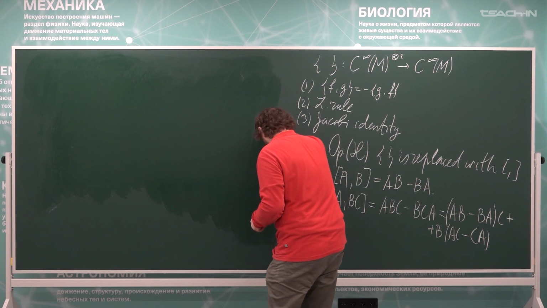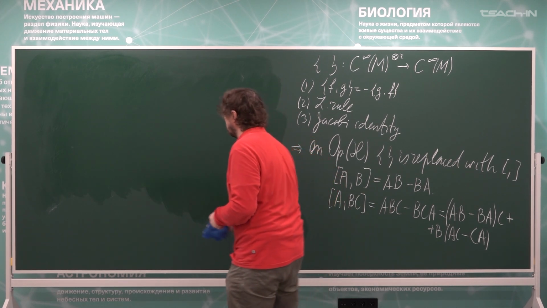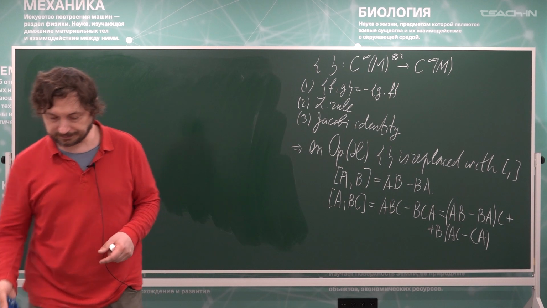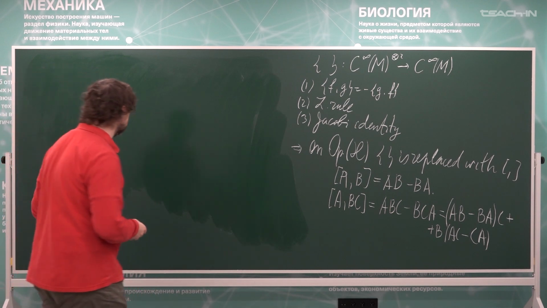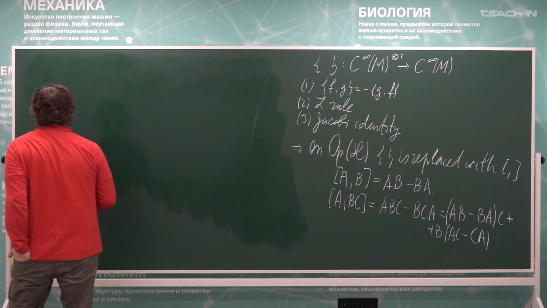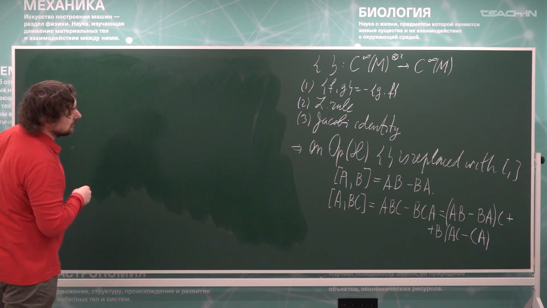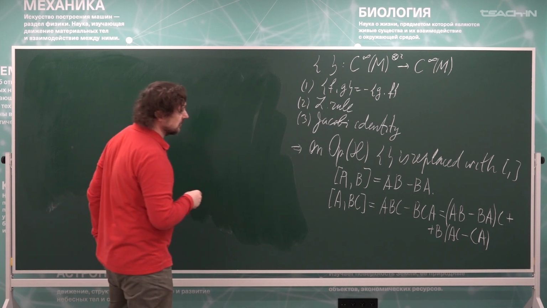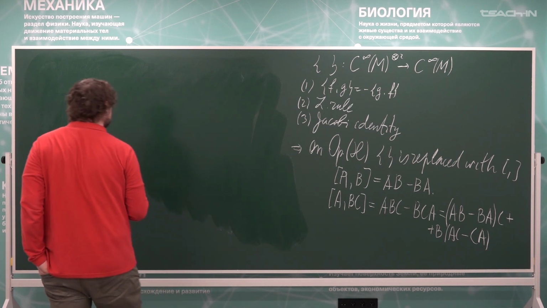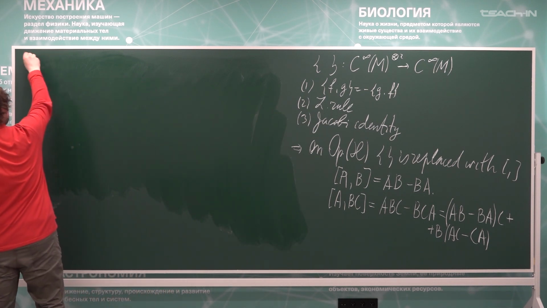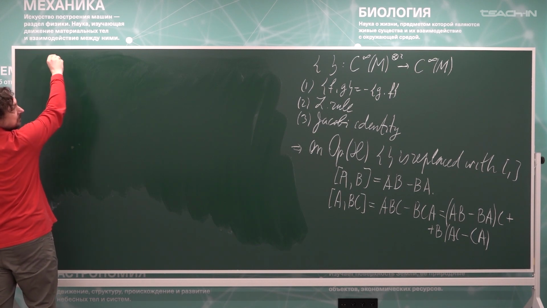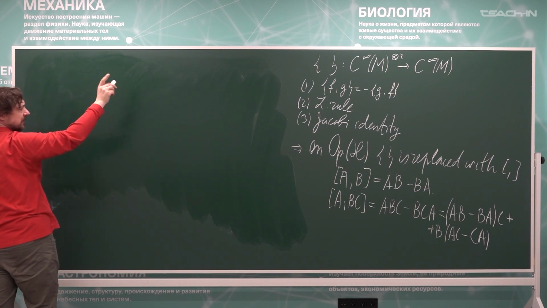Let me briefly explain why it is so. Since we assume that everything is continuous with respect to operator norm, it is sufficient to work with finite dimensional. It's not sufficient.